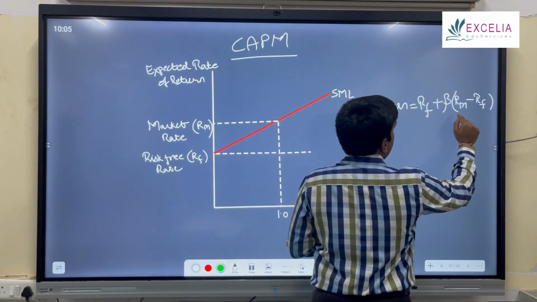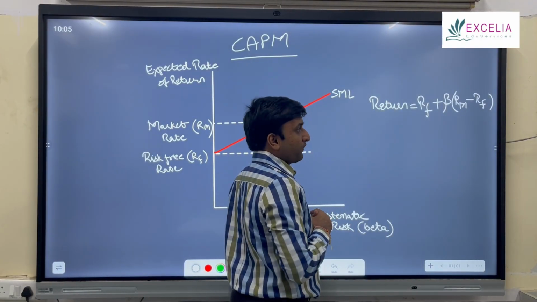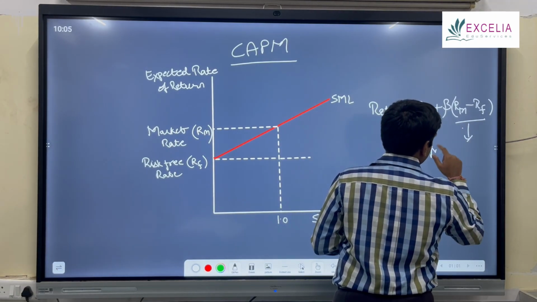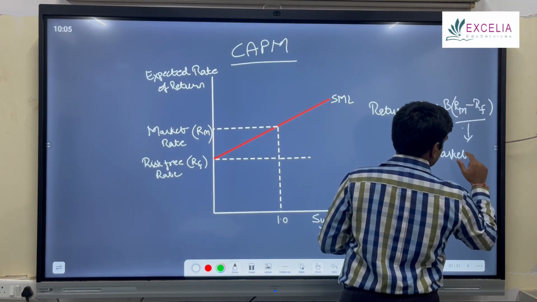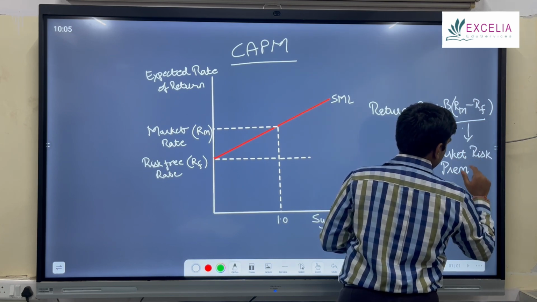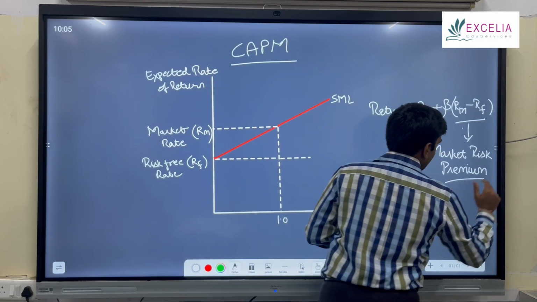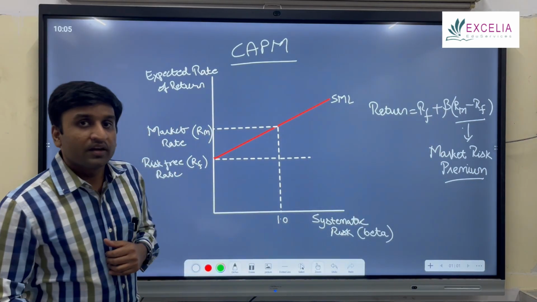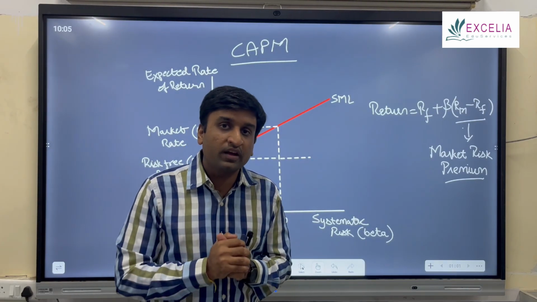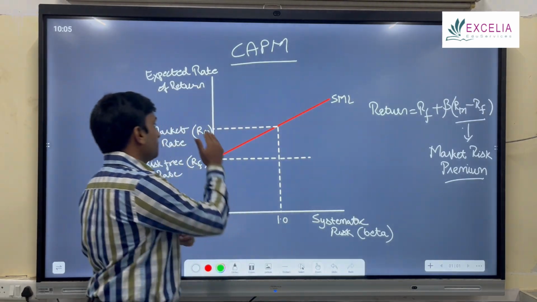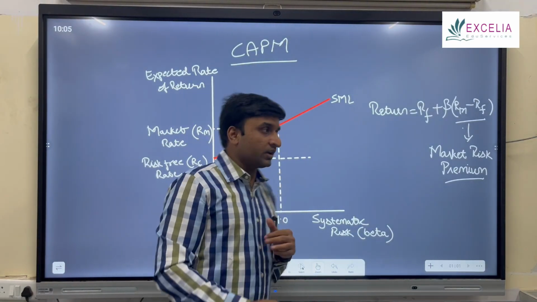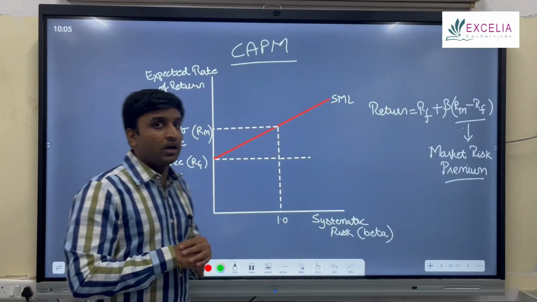Also, the RM minus RF in the CAPM formula refers to the market risk premium. What do we mean by the market risk premium? It is the amount that you as an investor are getting over and above the risk-free rate for investing in the market security and taking the risk associated with that security to earn that additional return.